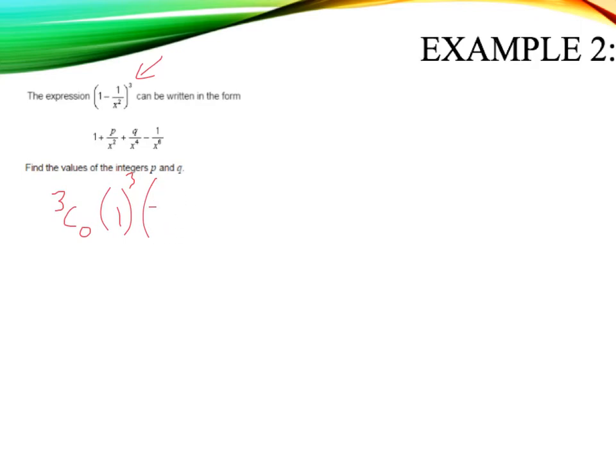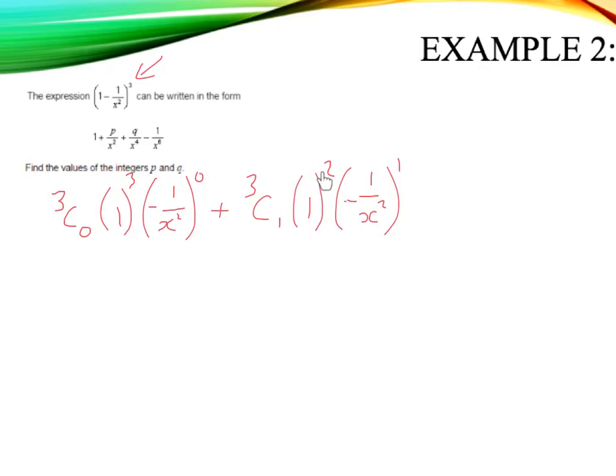So minus 1 over x squared all to the power of 0. Okay, plus 3C1 multiplied by 1 squared multiplied by minus 1 over x squared to the power of 1.